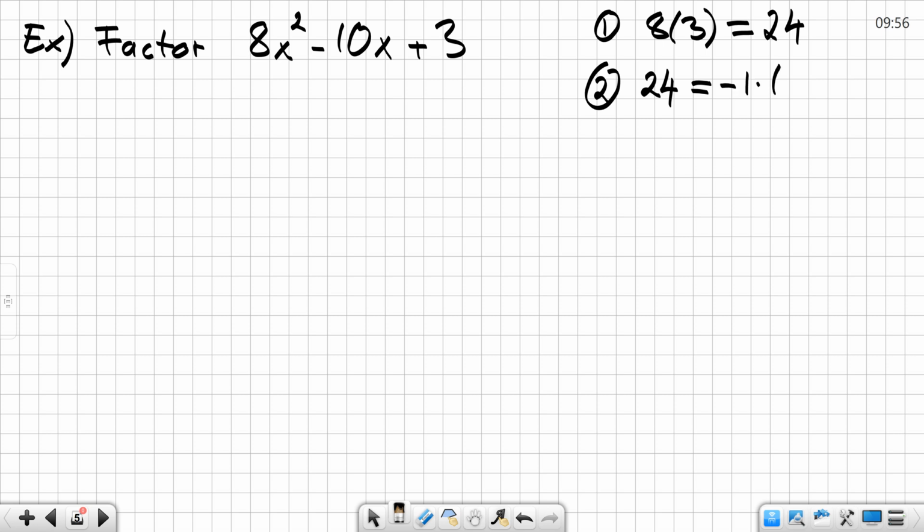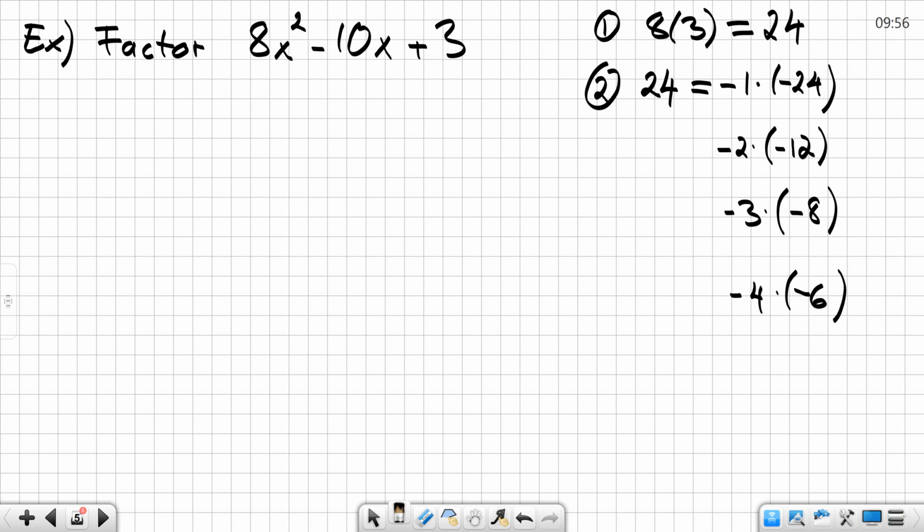Negative 1 times negative 24. Negative 2 times negative 12. Negative 3 times negative 8. Negative 4 times negative 6. And there we are lucky.